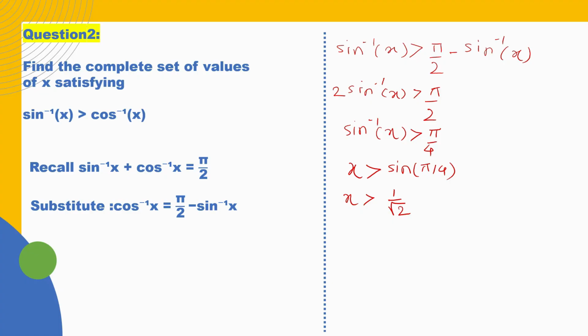So including the domain of sine inverse, the final answer is x is greater than 1 upon root 2 and 1 is included. This is our final answer. We need to put a square bracket here because the value 1 is included in the domain of x.